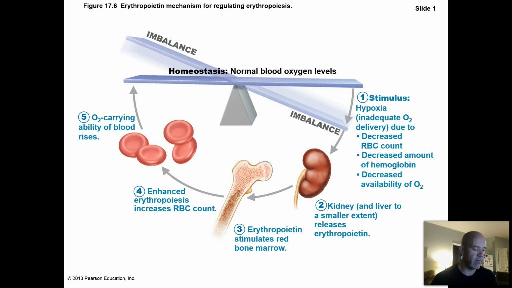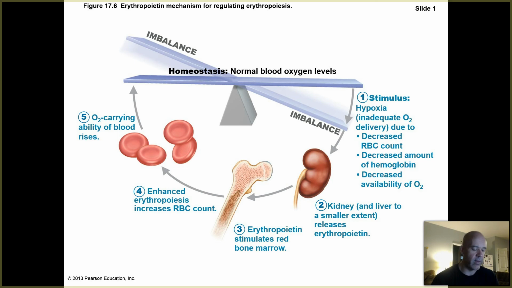All right, so here's a diagram from your textbook, which is showing the homeostatic balance for normal blood oxygen levels that involves EPO. Our stimulus, as we just talked about, is that in the kidneys you have cells that sense low oxygen gas levels.